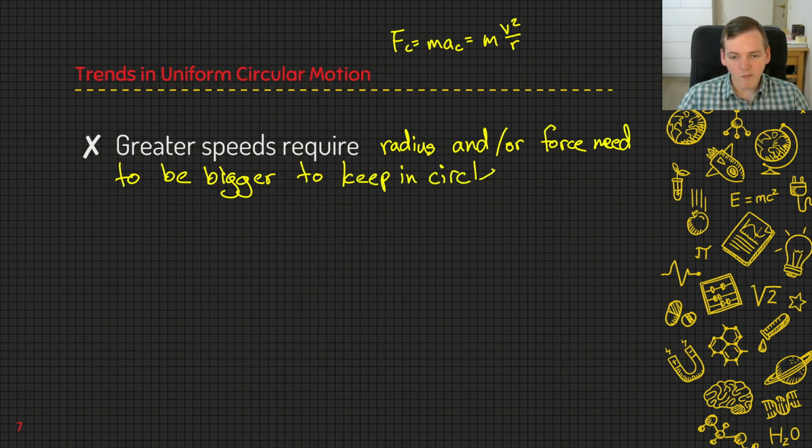So if you want to go faster, either you need to make a bigger circle, or you need to have something pulling harder on it to get that greater acceleration.